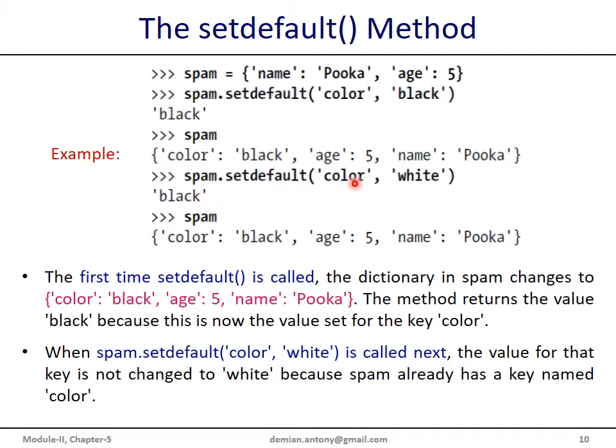Otherwise, it inserts this new key and the value. In this case, it just returns black, and it will not change the value of the key color to white, as color is already present. And if you see the contents, they remain the same, as there is no assignment of a white value for the existing key color.